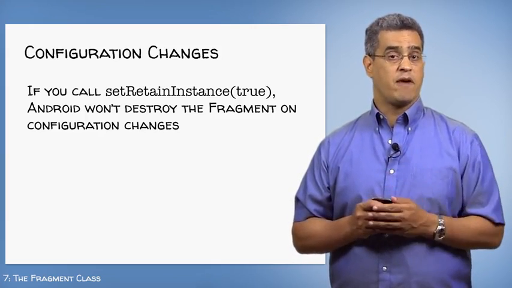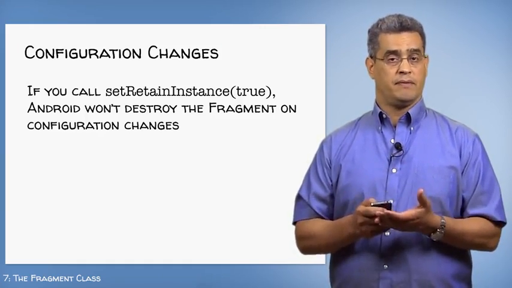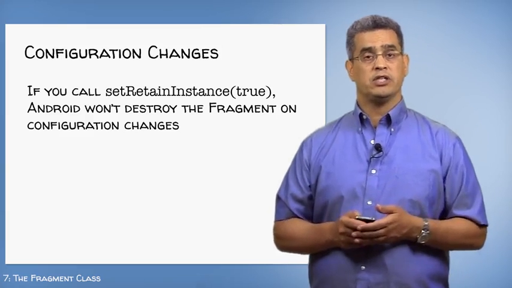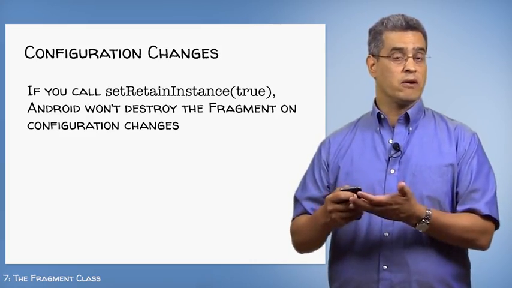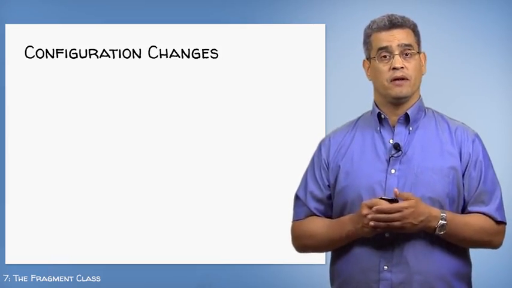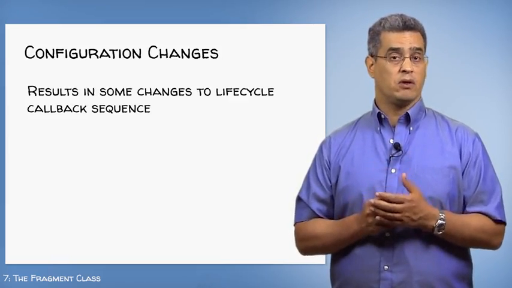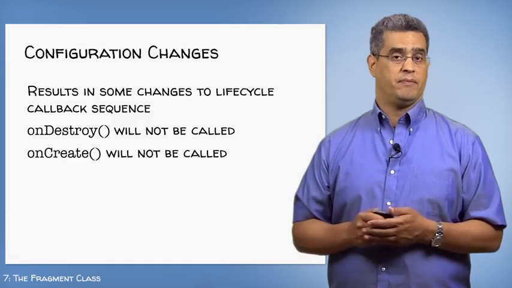Instead, it will save that fragment state and it will detach the fragment from the activity. And in addition, it won't destroy that fragment, and so it won't recreate it later when the hosting activity is recreated. And as a result, the fragment will not receive calls to its onDestroy method nor to its onCreate method.